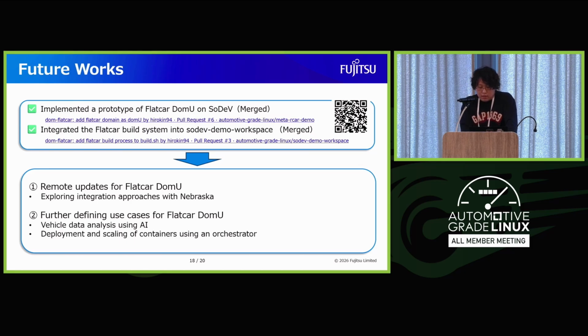The second task is to further define use cases for Flatcar DOM-U. Possible use cases include big data analysis using AI and deployment and scaling of container applications using an orchestrator.